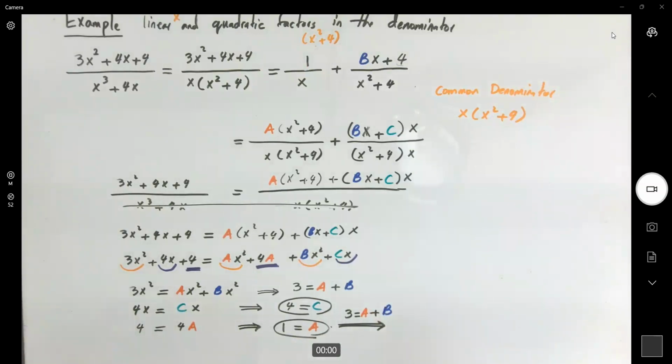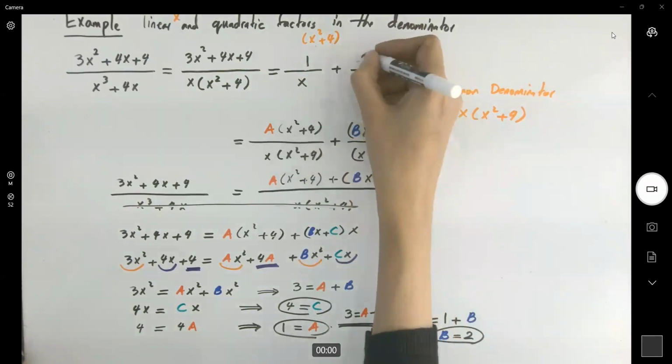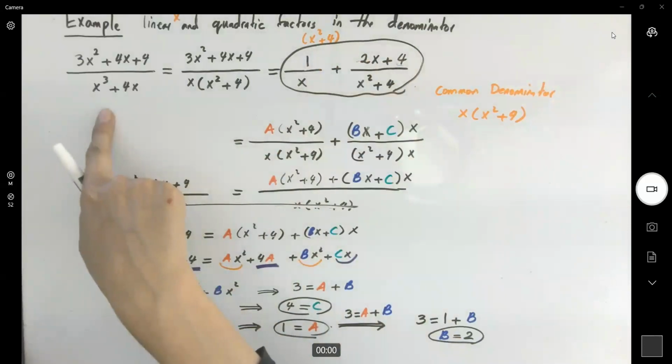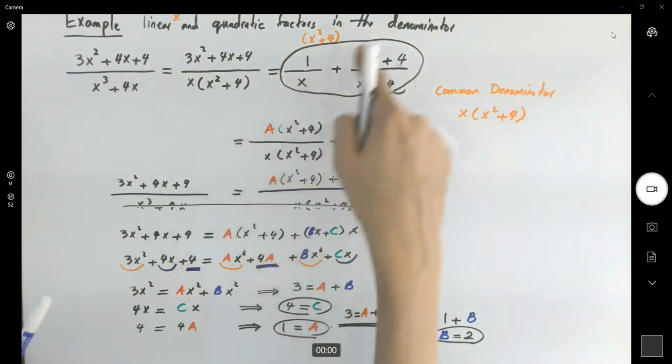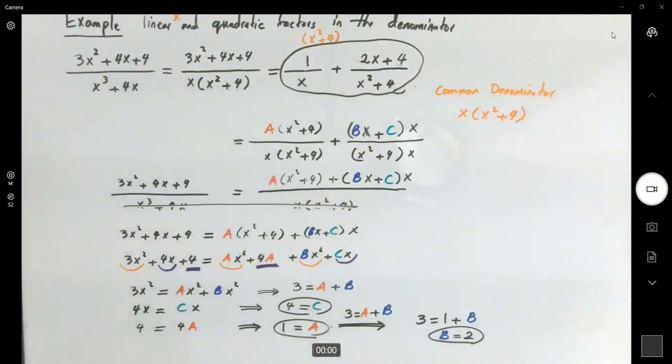It means that 3 becomes 1 plus b, and b is 2. I found b as well. So the decomposition of this fraction into partial fractions is 1 over x plus (2x plus 4) divided by x squared plus 4.